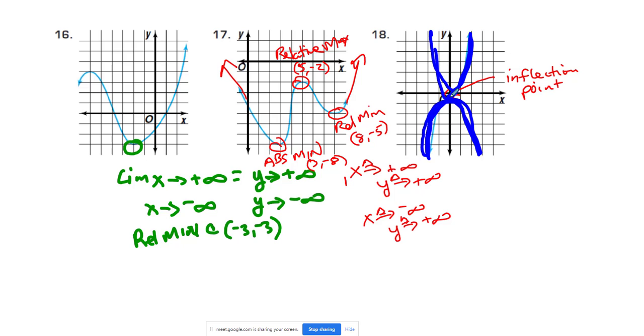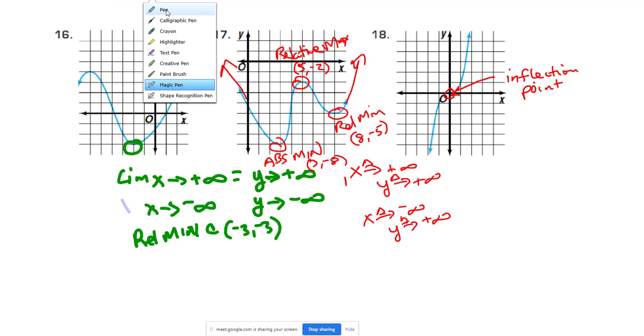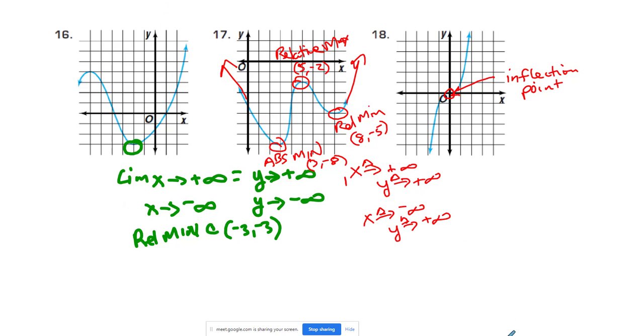So at this inflection point, it's changing from concave down to concave up. That's why it's called an inflection point. It's a more advanced concept, but something to think about, and if you can see that, you can incorporate it into the description.